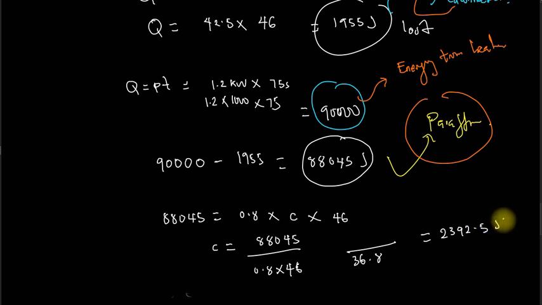Sorry, 0.5 joule per kilogram per Kelvin. This is our final answer.